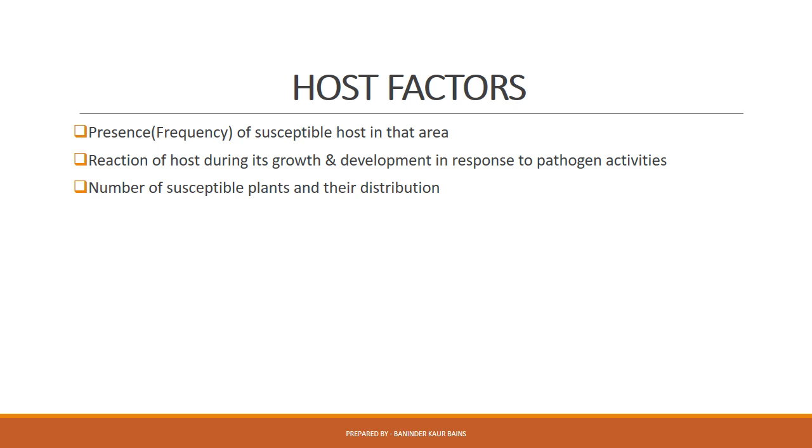If the crops are cultivated in nearby areas and the population is large, the crop density of that particular species is high, then it will spread the disease very easily. But if the crops are scattered, and the same variety is cultivated at a large distance, then there will be less chance of disease spread.